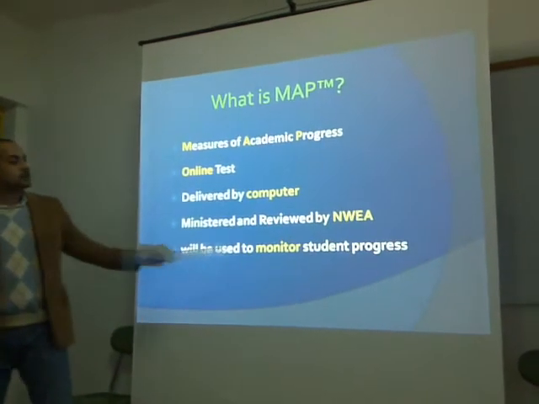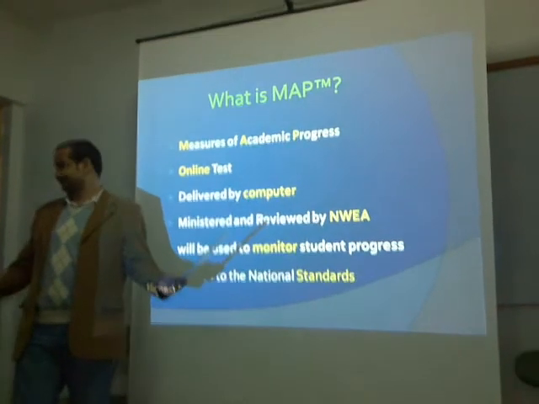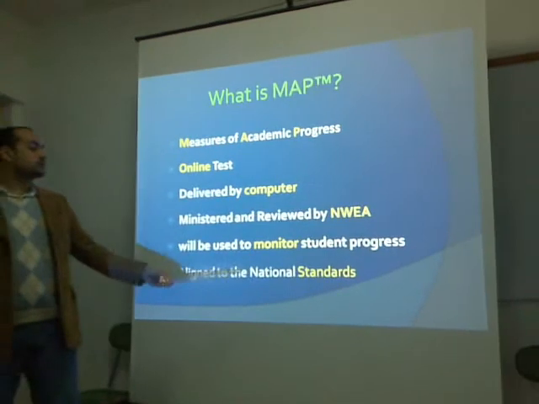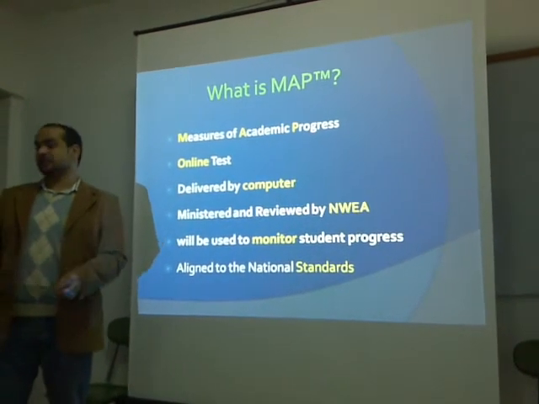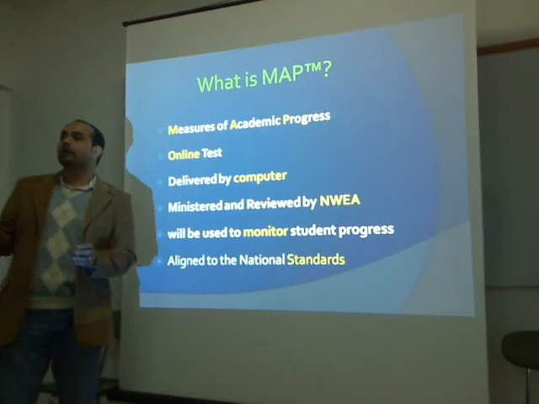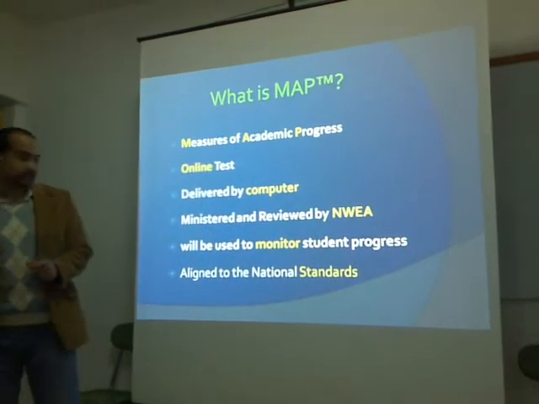It will be used to monitor student progress during the year, and it will be aligned to the national standards. That means we have one test for all the schools. So in this school, or any American school worldwide, they will have the same test.